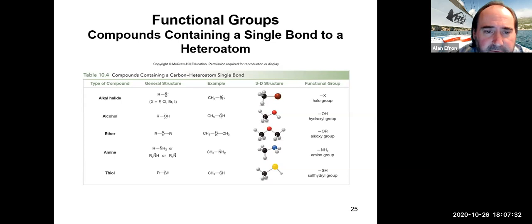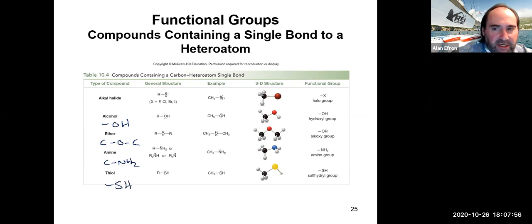We have our alkyl halides, our alcohols, which have a functional group of OH. Our ethers, which have a carbon, oxygen, carbon type of run. Our amine, which basically has a carbon and an NH2 group on it. Our thiol is a sulfur containing group, so SH. And we'll see some other ones along the way as well.